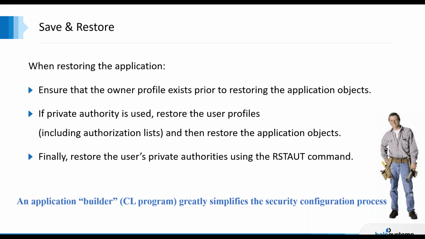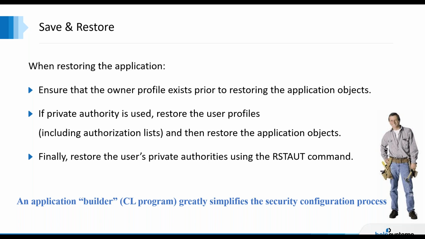Then you have to restore the application, and then you have to restore the permission to the application using what's called the restore authority command, which is interesting, not actually pulling anything from media, it's actually just reapplying the private permissions, if you will.